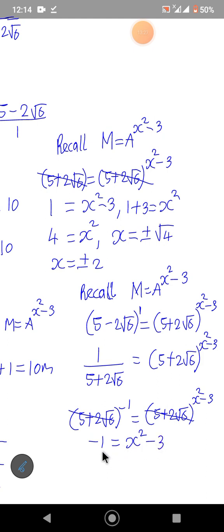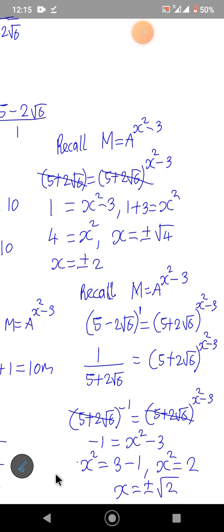Now I'm going to collect like terms. So x squared will be equal to 3 minus 1. So from here we can see that x squared is equal to 2. Then from here I can say x will be equal to plus or minus the square root of 2.